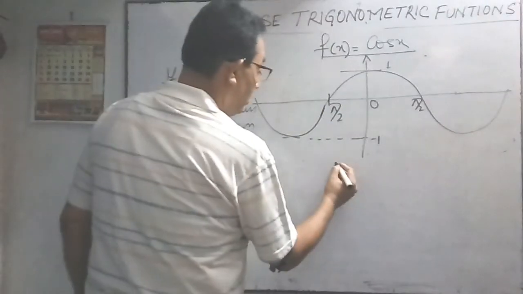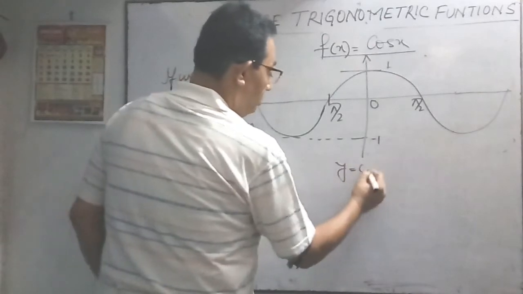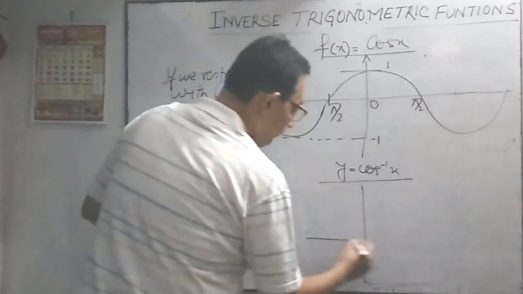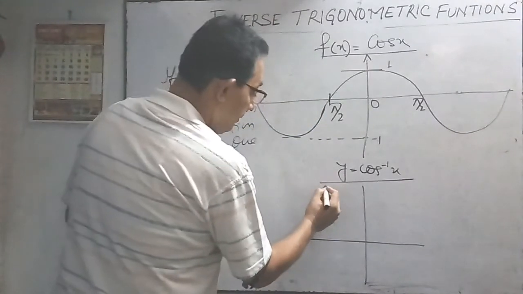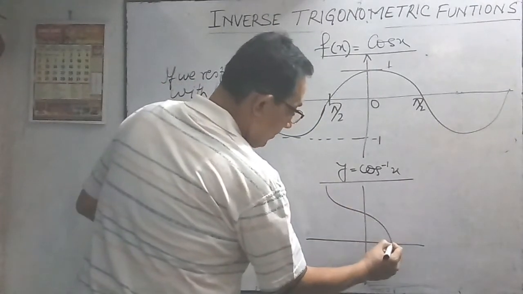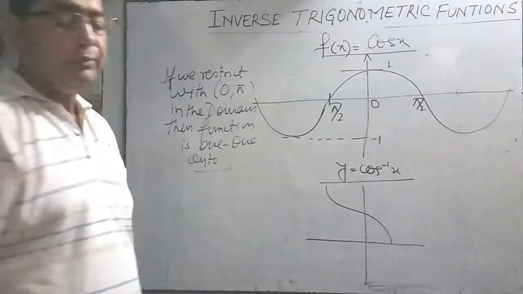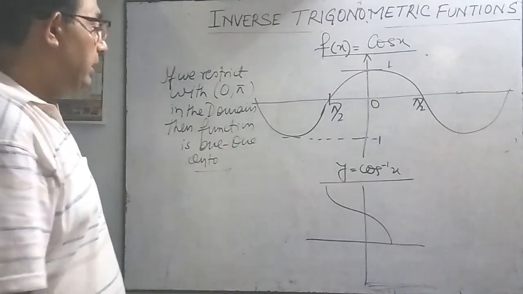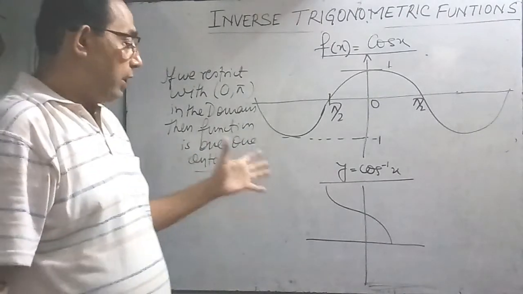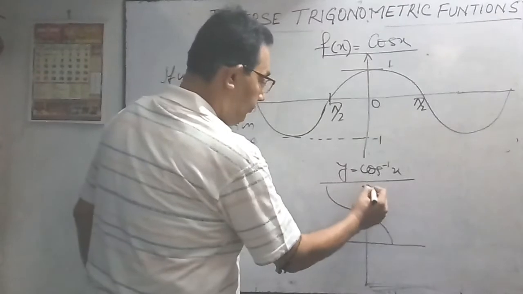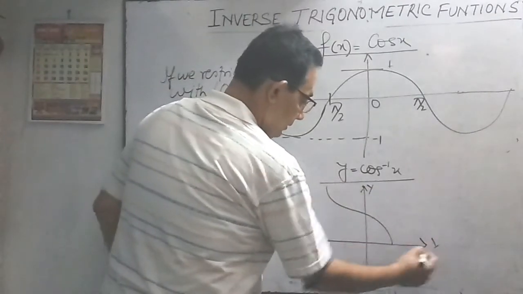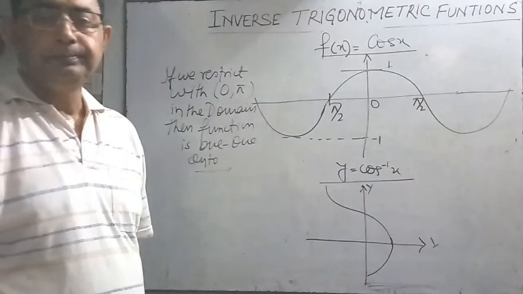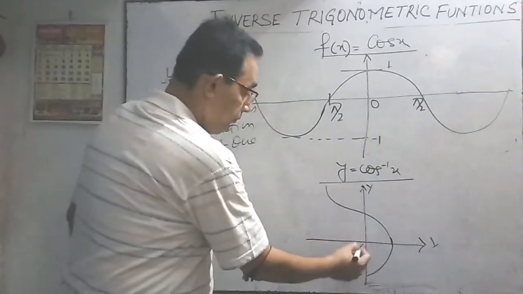In the inverse function, y is equal to cos inverse x, the graph will move this way. Understood? That means its function, it is y, it is x. It is 0.